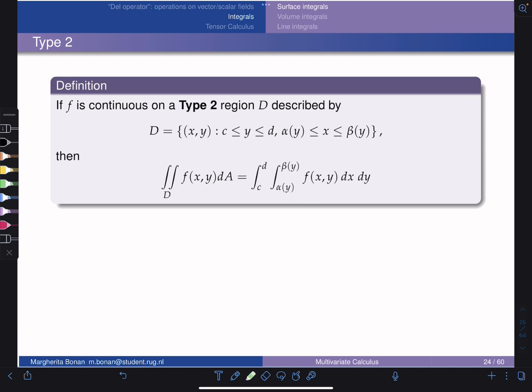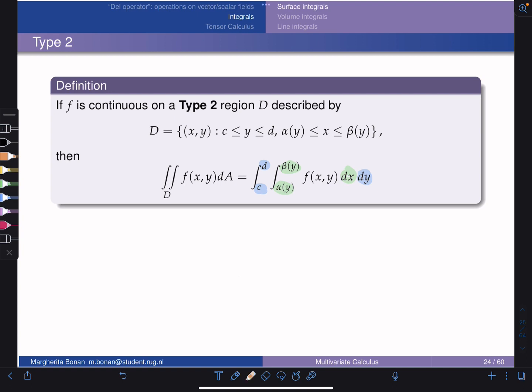Here we have to be careful that dx and dy are swapped. This is because now dx refers to beta and alpha as bounds, and y instead refers to c and d.